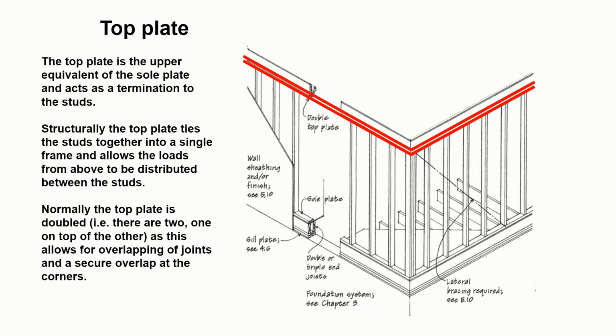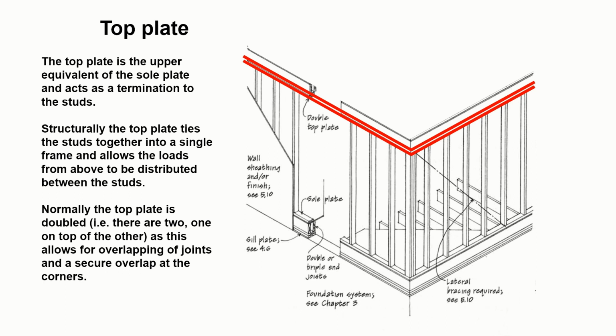On top of the studs you would find a top plate. Top plate is the upper equivalent of the sole plate, so it's the opposite side of the frame, if you like. And from a structural point of view, the top plate ties the studs together into a single frame and allows loads coming down from above to be distributed to the studs.